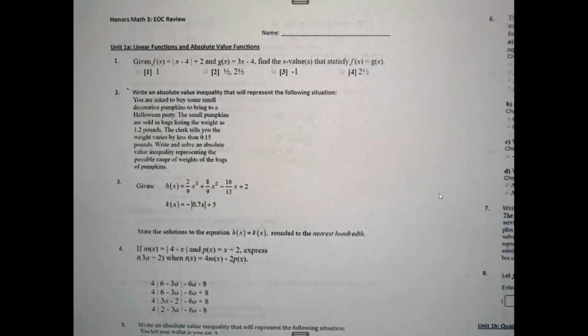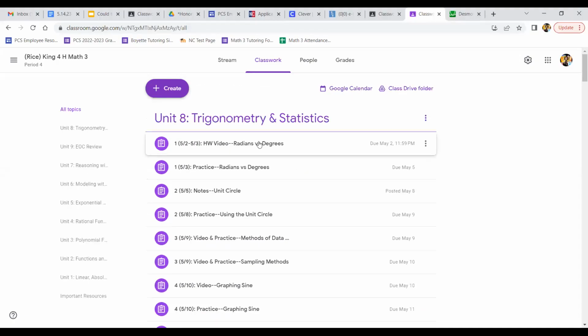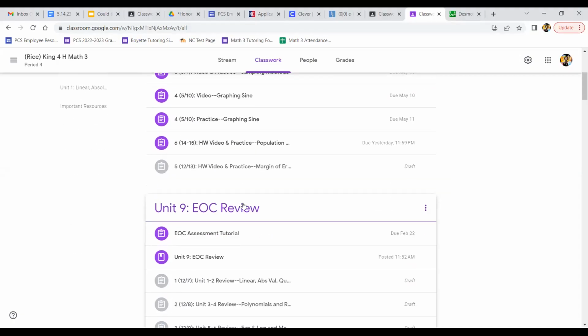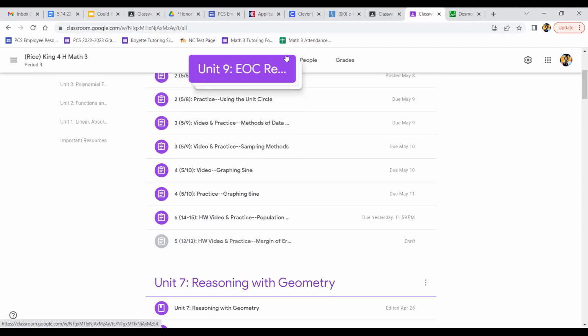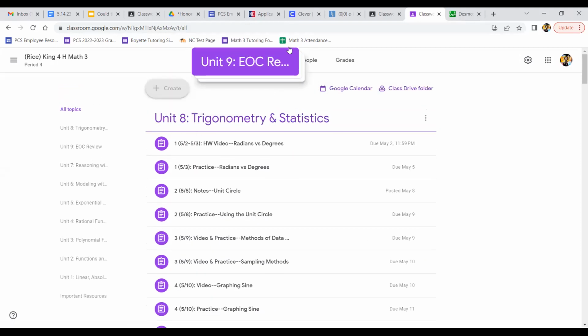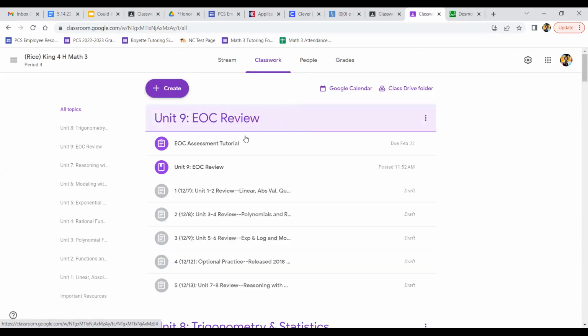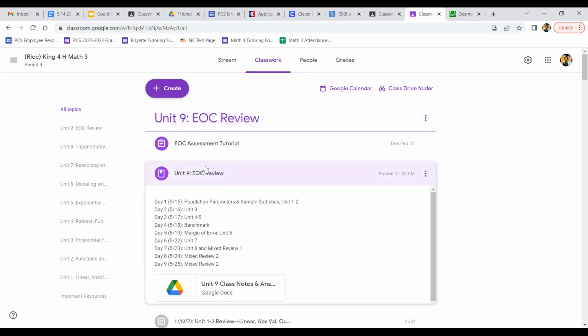Okay. So if you were to look at, actually, hold on. If you were to look at Google Classroom, let me move this up. I'll show you guys how I'm planning out our review.